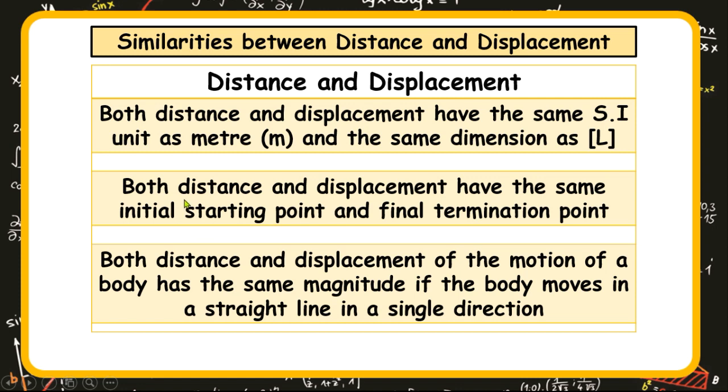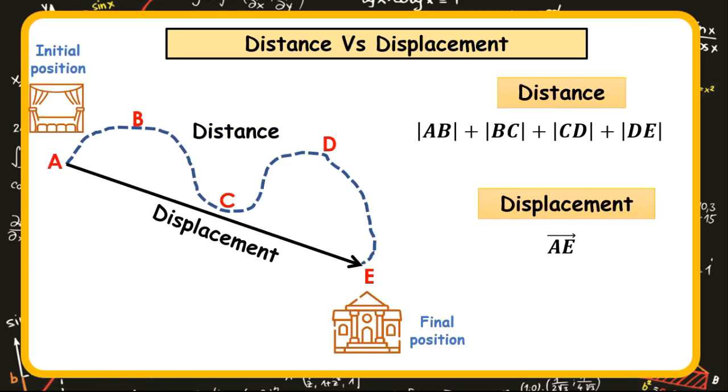2. Both distance and displacement have the same initial starting point and the final termination point. What this means is, from our earlier scenario created, the distance had A as a starting point, then its ending point was E. The displacement also had A as its starting point and E as its final point.